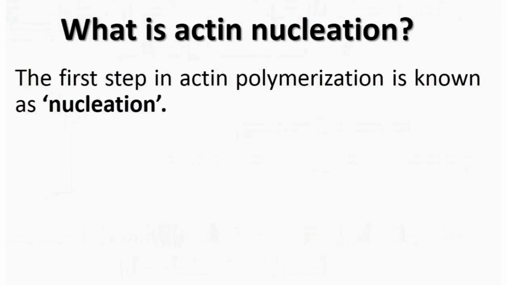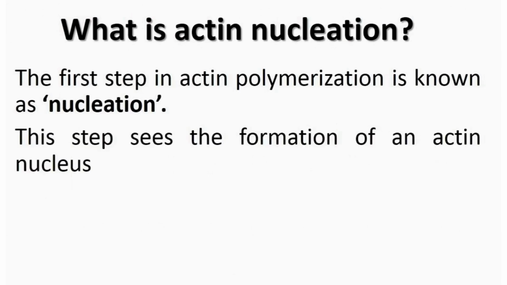Students, the first step in actin polymerization is known as nucleation. Nucleation is a step which sees the formation of the actin nucleus. Essentially, the nucleation involves a complex of actin monomers forming an actin dimer.